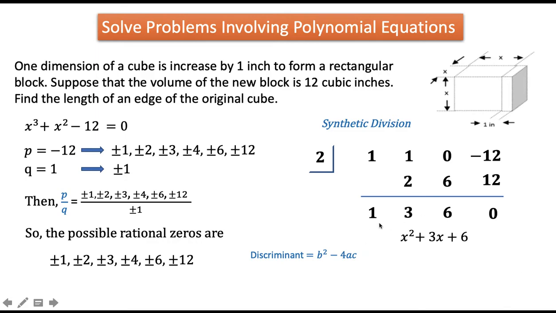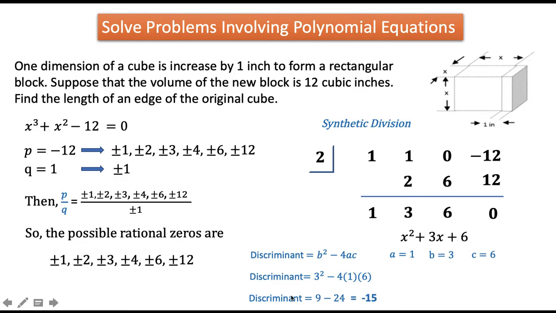From our quotient here, that is 1x squared plus 3x plus 6. So using the discriminant, we write down a, which is 1, b, which is 3, and c, which is 6. By substitution, 3 squared is 9, negative 4 times 1 times 6 is negative 24, and 9 minus 24 is negative 15.